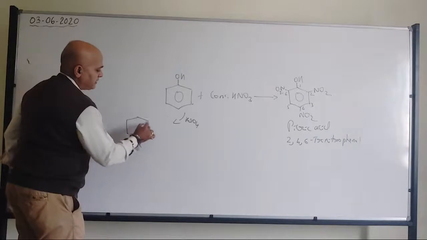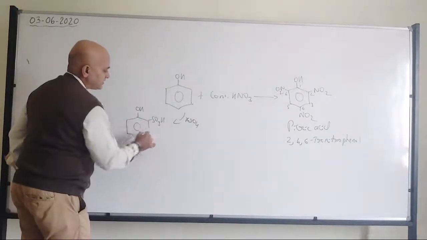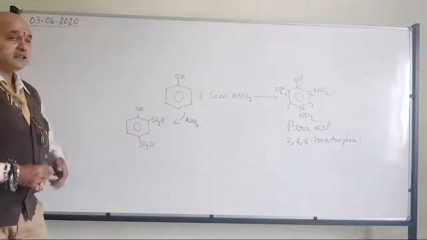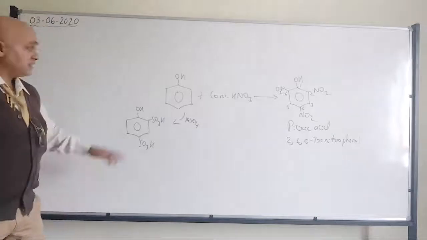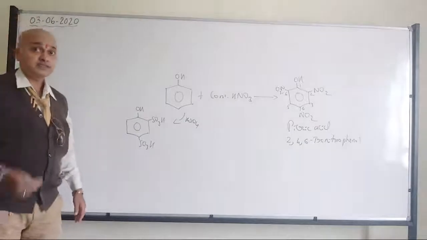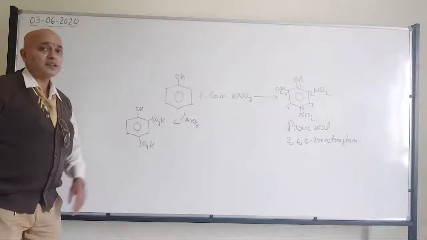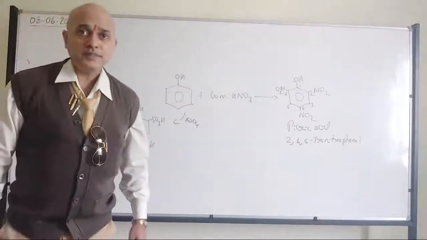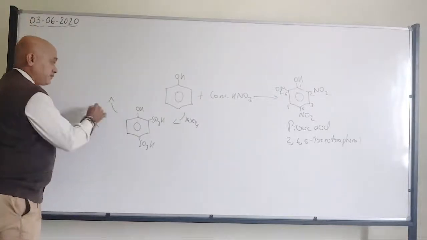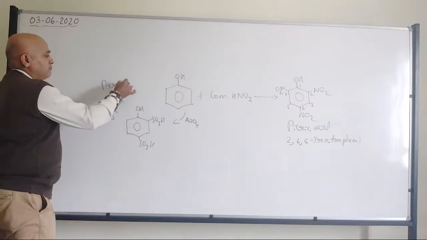There will be OH, SO3H and SO3H as an intermediate, a disulfonic acid intermediate. The phenol OH group loses its importance because we have to give priority to the sulfonic acid, so a hydroxy disulfonic acid compound will be formed. Further, when you treat with HNO3, picric acid will be formed.